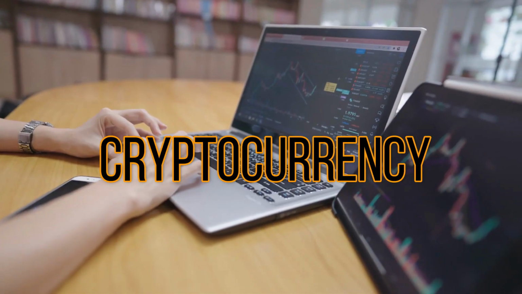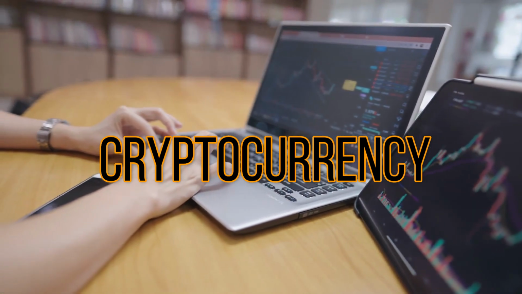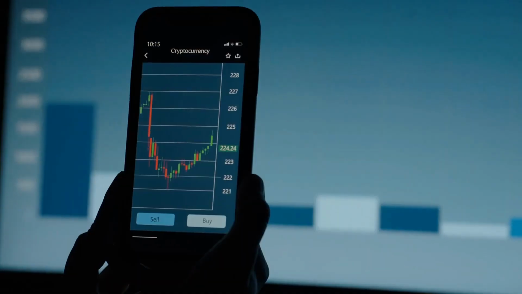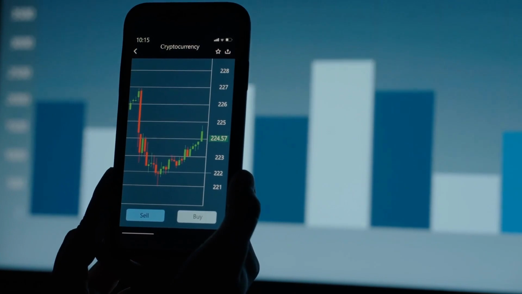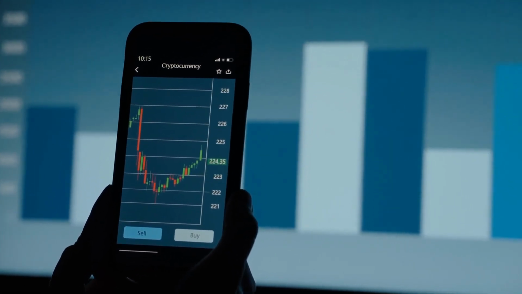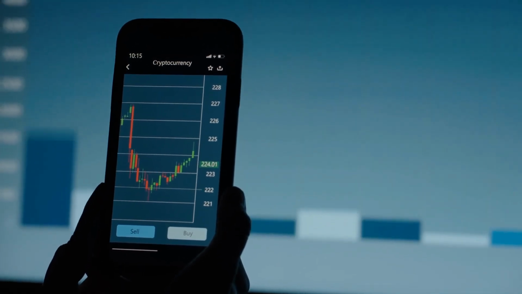A cryptocurrency is a digital money that uses encryption techniques to establish an alternative form of payment. Because of the use of encryption technology, cryptocurrencies may be used as both a money and a virtual accounting system. Cryptocurrency is a digital asset, to put it simply.